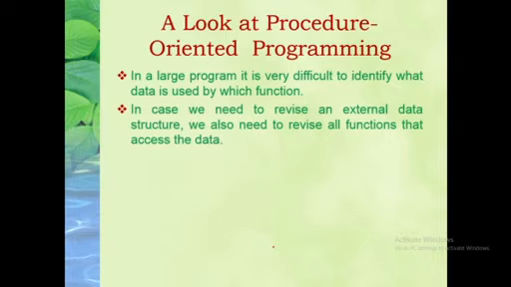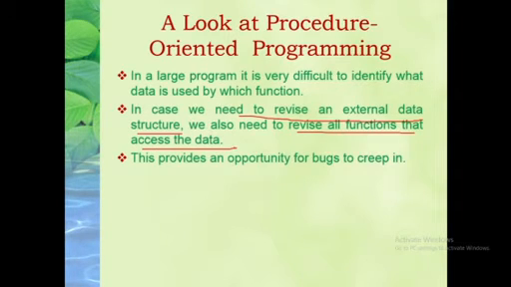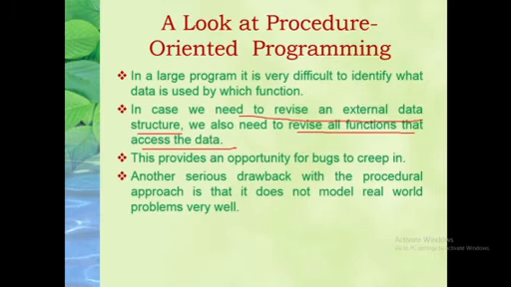In such cases, we need to revise an external data structure such that all functions access the data. This method makes lots of errors creep in, so we have to get rid of errors when we write programs. The program should be 100% perfect.